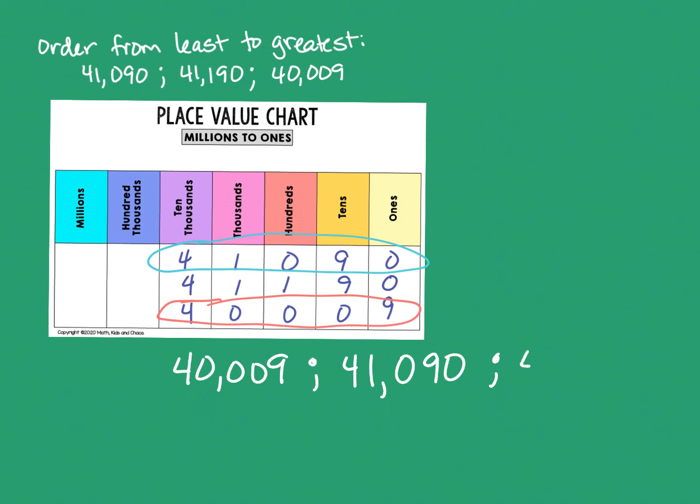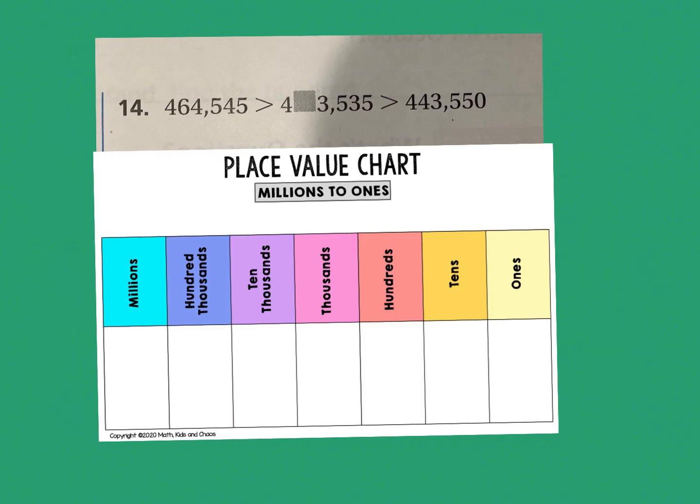Semicolon, and then the largest number is 41,190. So 40,009 is how you say this one. 40,009 is the smallest, 41,090 is the second smallest, and 41,190 is the largest.